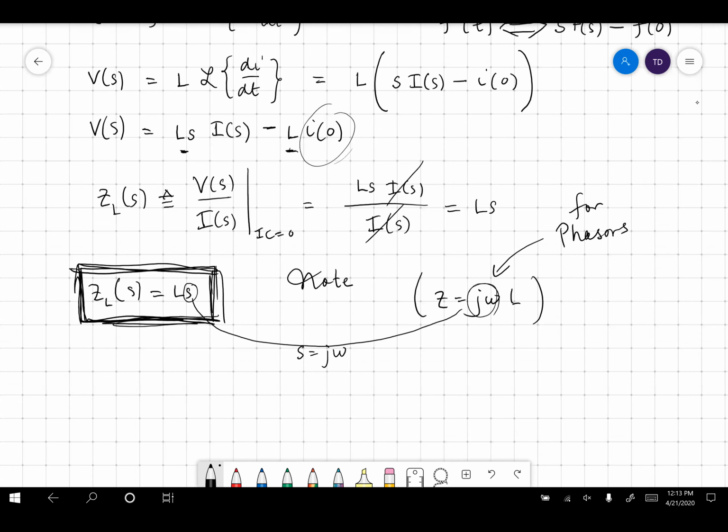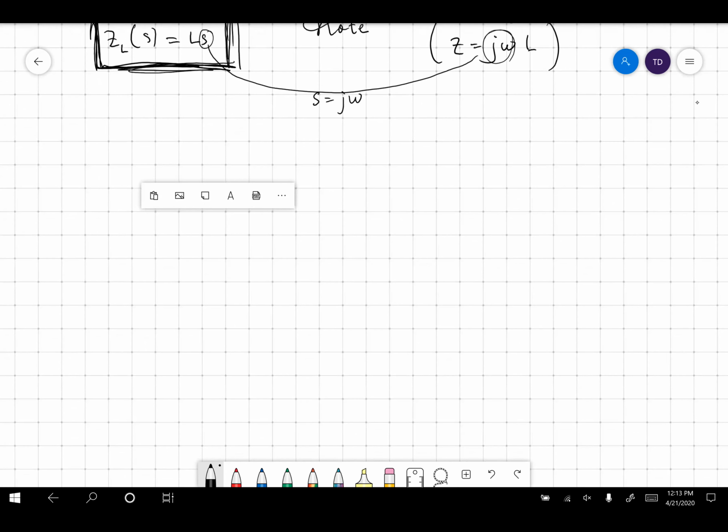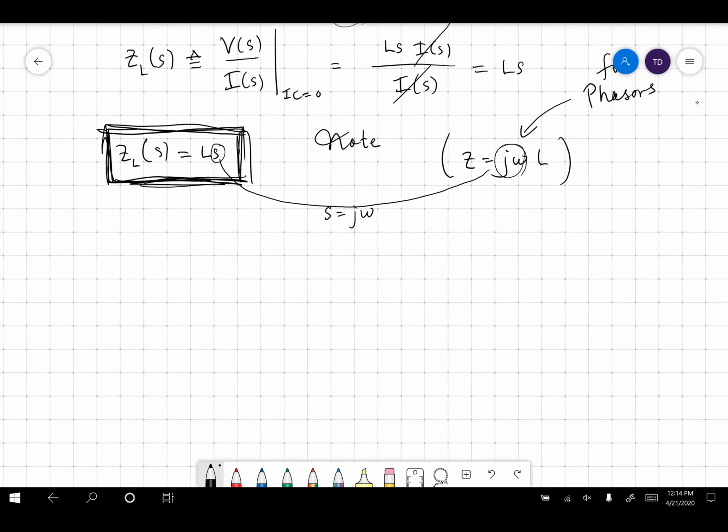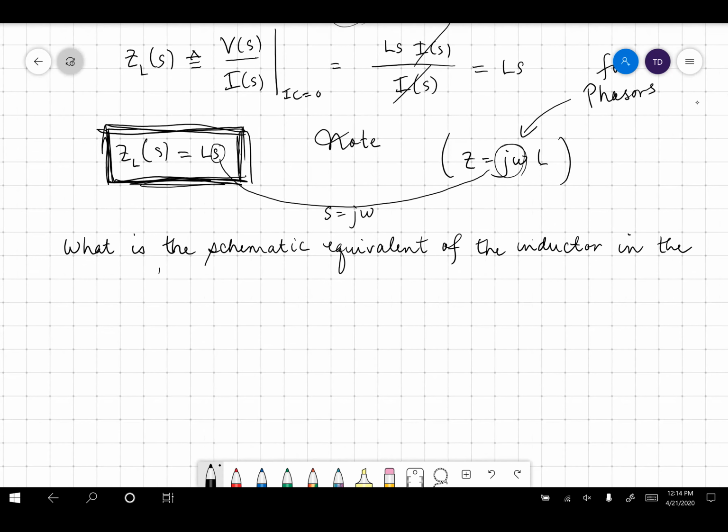I think we know what that is. It has to do with the frequency of the sinusoid and how that's related to the Laplace transform. Here's what I really want to do, though. I want to look at the schematic equivalent of the inductor in the frequency domain.